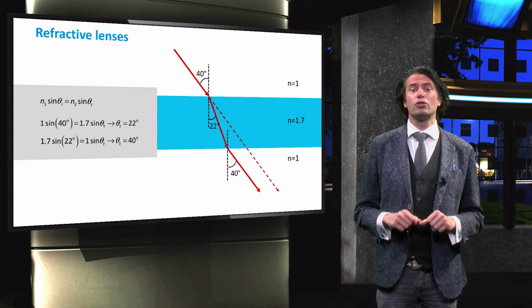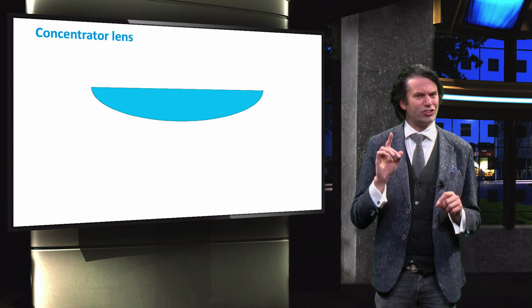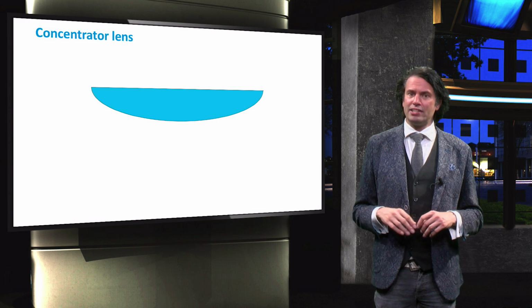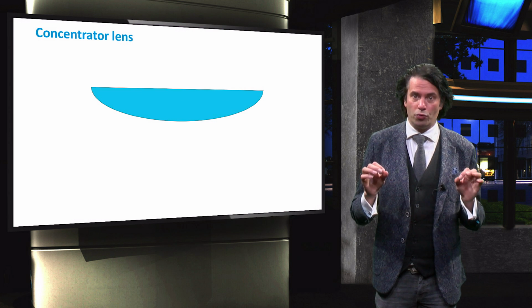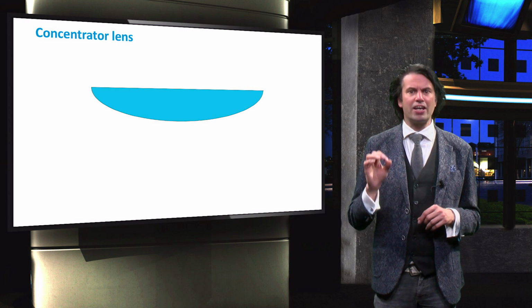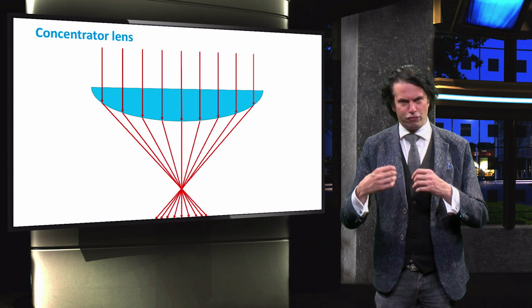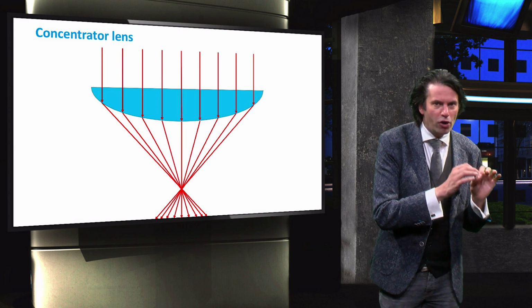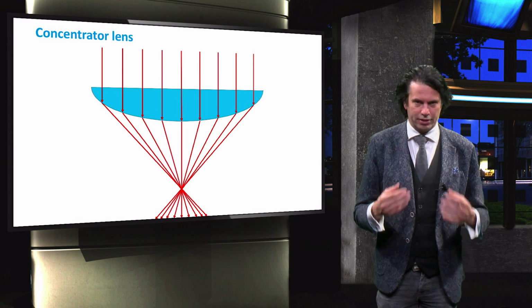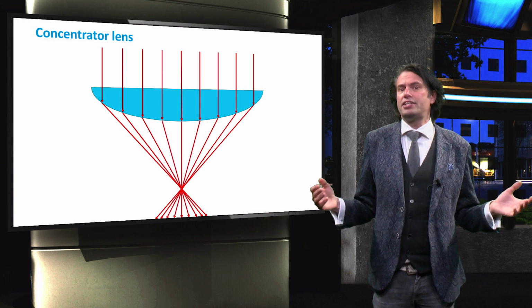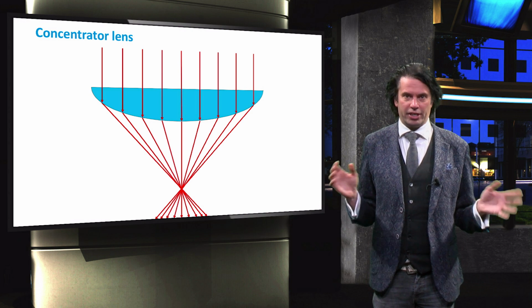For that reason, concentrator lenses are curved. The shown lens is spherical on one side. The spherical lens is designed such that the perpendicularly incident light is focused onto a focal point at some distance from the lens.